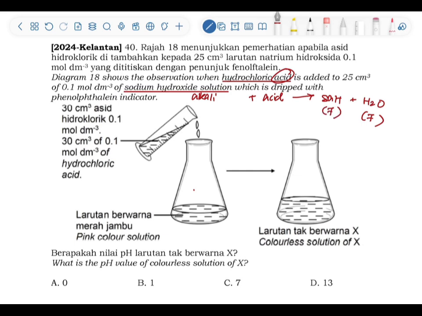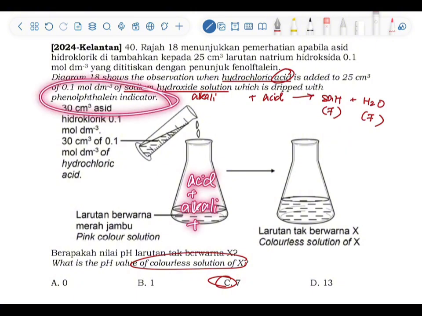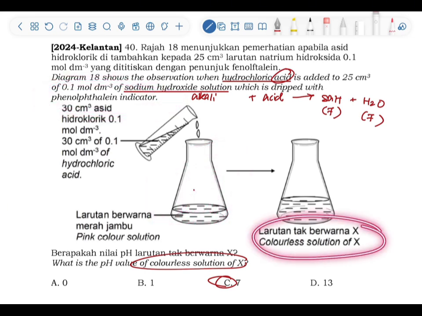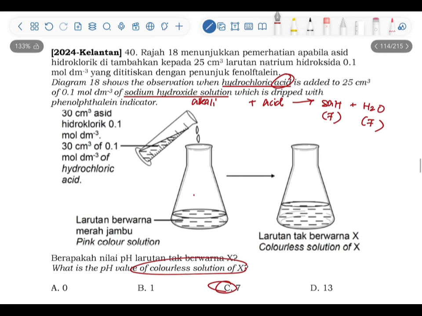So what is the pH of the colorless solution of X? So the answer is 7. Not 0, not 1, not 13. Because after you put the acid and the alkali inside, and then you add the phenolphthalein indicator and shake it, it will become a colorless solution. So for information, this phenolphthalein indicator is actually pink at first.